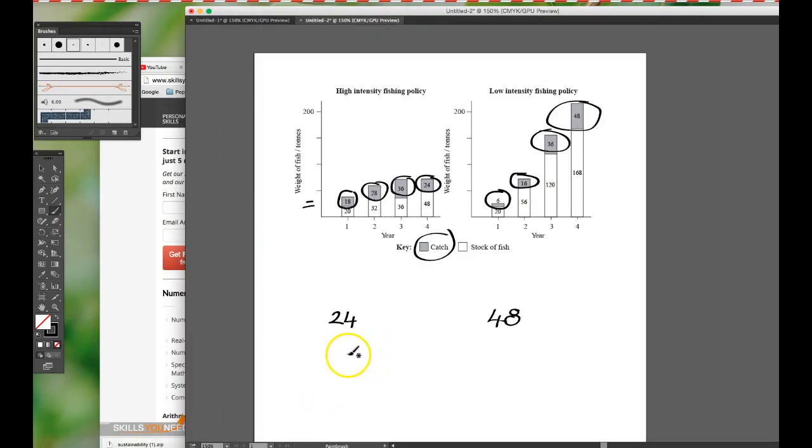So the difference is 48 minus 24, so that's 24, and it's low compared to high, so we're doing 24 as the difference out of 24 times 100, so we have 100% difference, okay, between the two. In other words, this is double yield from the low intensity in year 4.